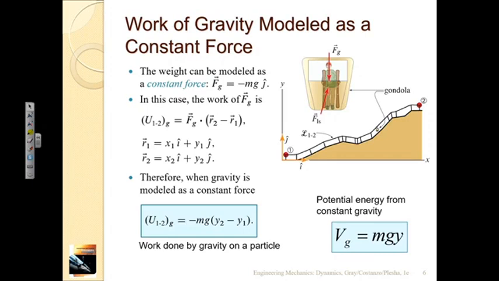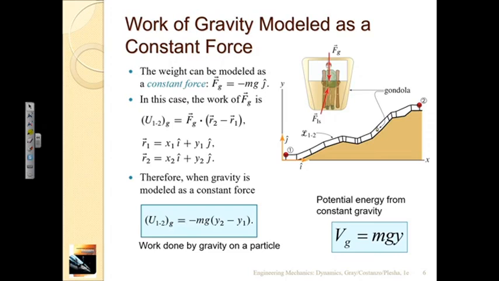What is that? So if I say sine theta, opposite over hypotenuse, h over d. D is my displacement that this thing is operating on, so u from 1 to 2, non-conservative, is the integral of my frictional force, dotted with dr. My frictional force looks a little funky, but it's on a linear slope, so it's constant.